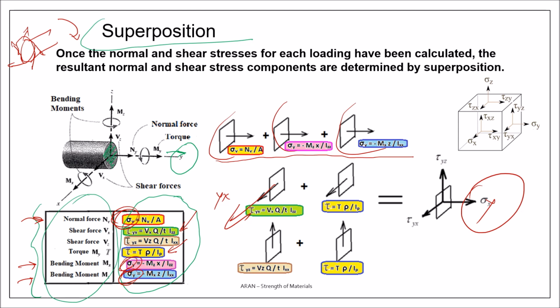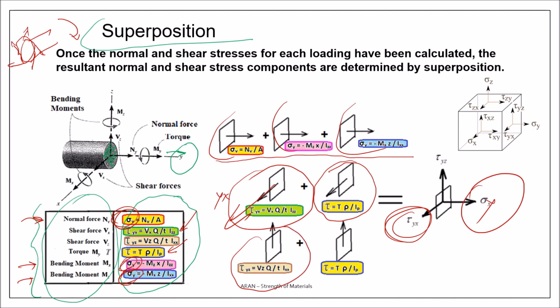So you can take, for example, to add with this one, the one in the same direction, and you find the tau yx value. Well, the same you apply tau yz, and that is the shear stress caused by the shear force, with this formula, caused by yz.